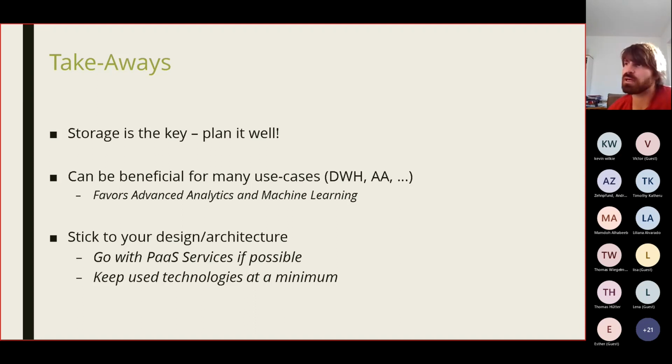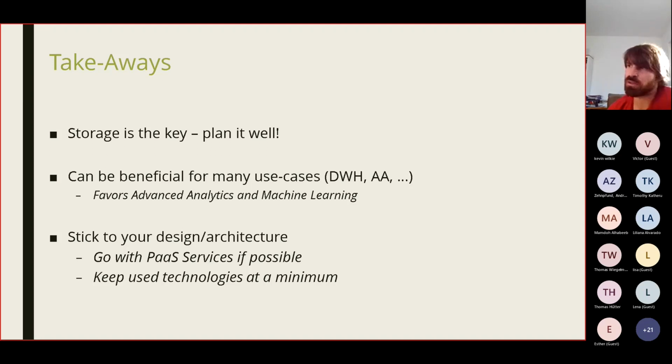Don't mix it too much. I mean, there can be use cases where you have maybe Databricks and Synapse, but if there is no good reason, I'd highly recommend to just stick to one of them, because each additional technology makes the whole architecture and design much more complicated.